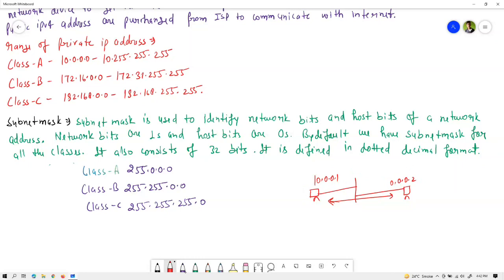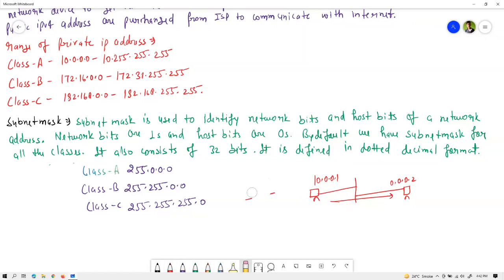Subnet mask. Yes, with the help of the subnet mask, first of all, but which operation will this PC perform? Not OR, it will perform the AND operation.